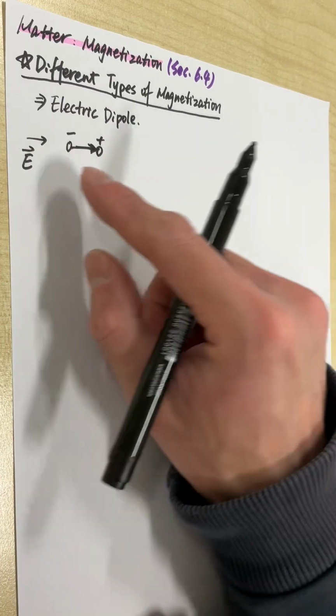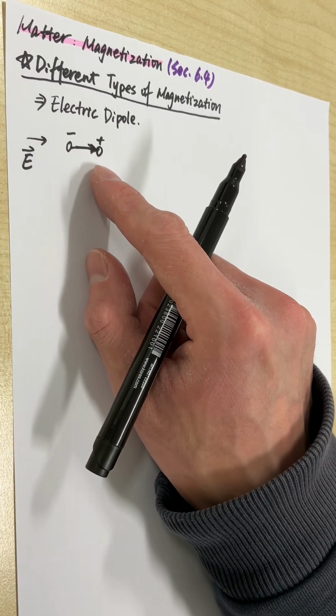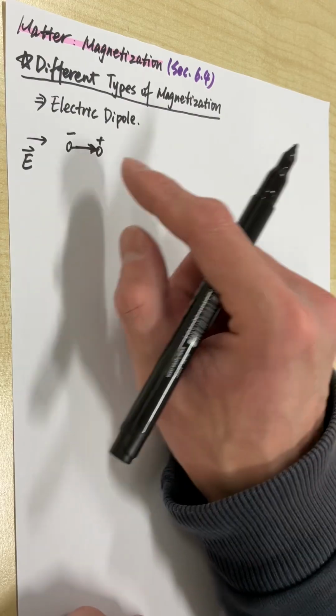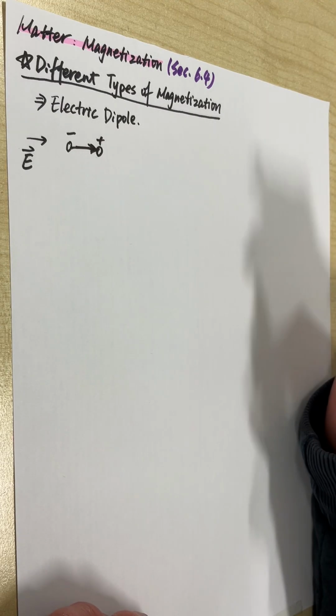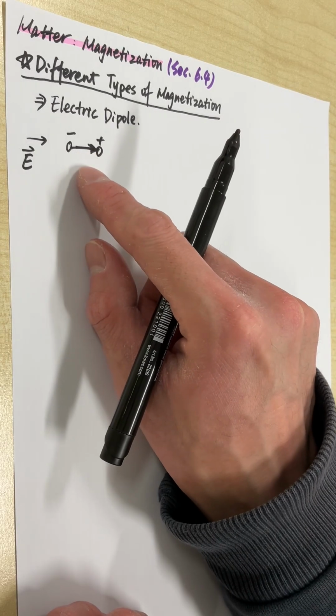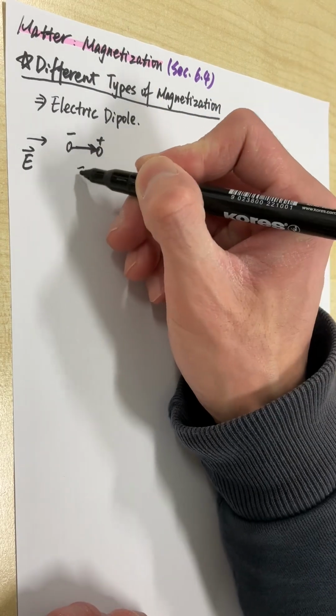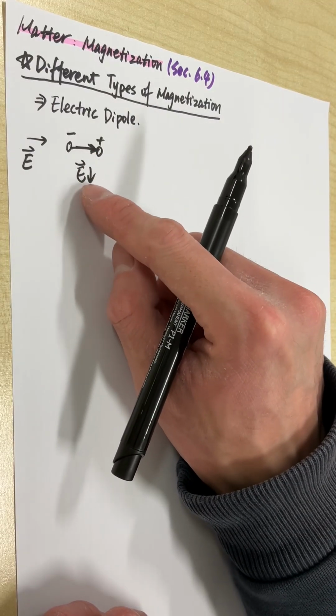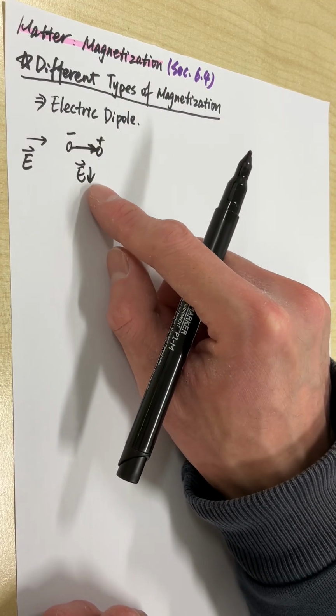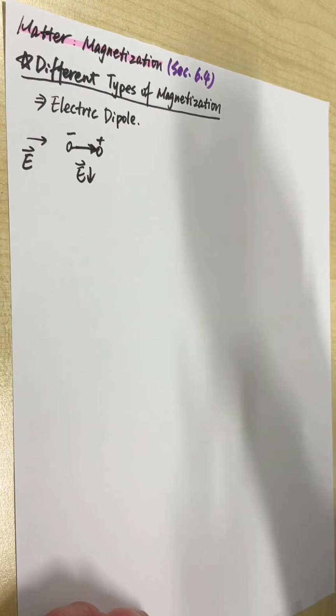So this creates bound charge, and we need a modified Gauss law. This basically reduces the electric field, but it cannot completely make the electric field equal to 0 like a conductor.